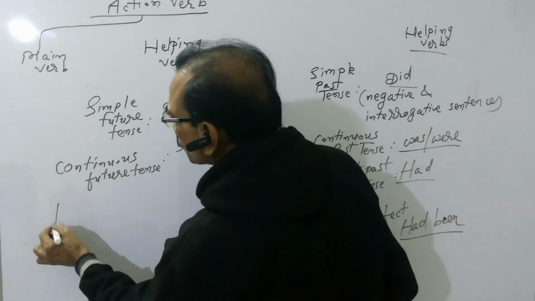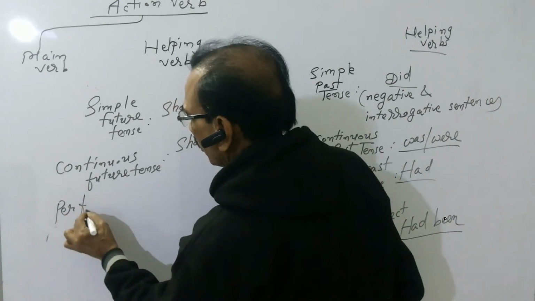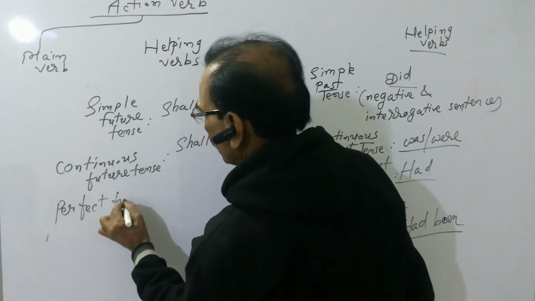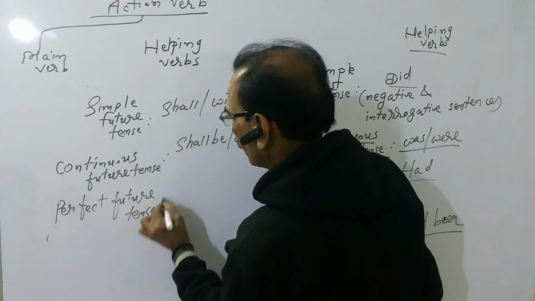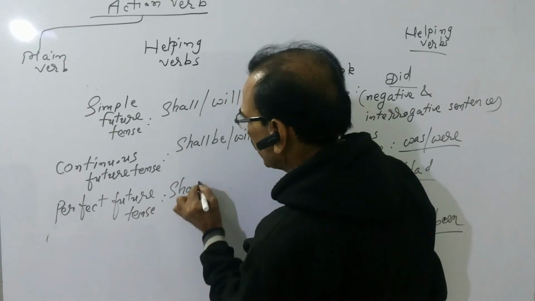Whereas in perfect future tense, we use shall have or will have as a helping verb.